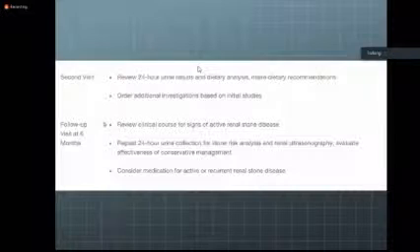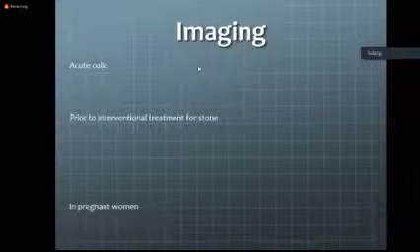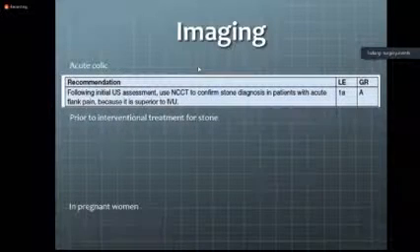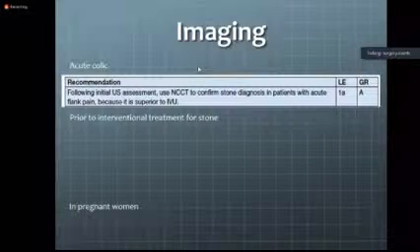So let's talk a little bit about imaging. It's not very different from adults, but there are a few aspects that you probably need to be careful about. Acute colic, the EU recommendation is an initial ultrasound, but if there is any doubt in making a decision about the treatment of the child, then it is important that you do a non-contrast CT.